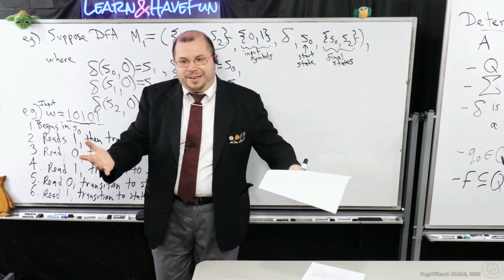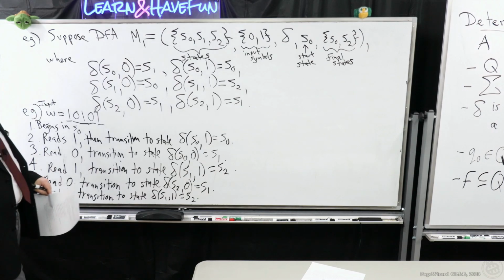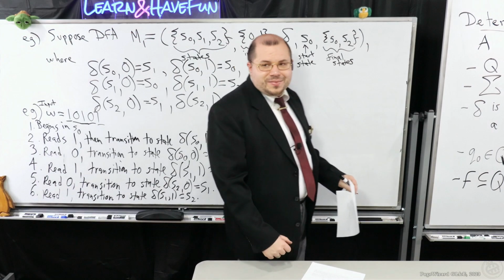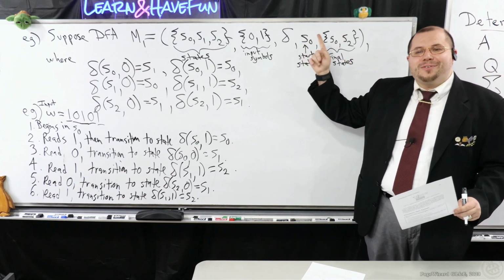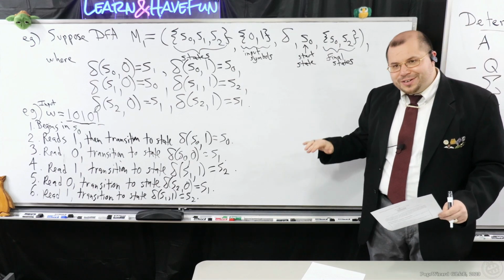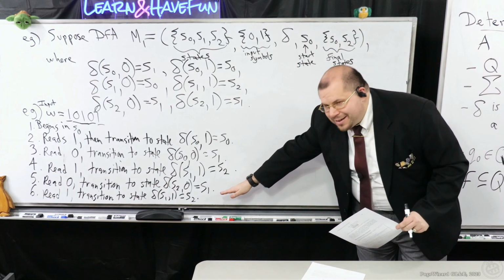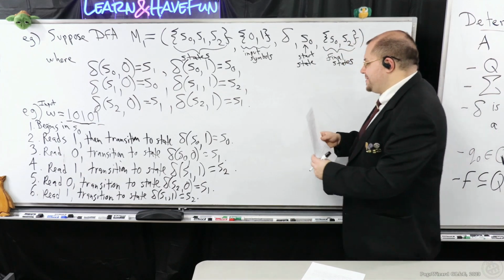Accept or reject. You can only do one or the other. Does it accept or does it reject? So is M1 accepting or rejecting here? Well, most certainly it's in one of the accepting states. Accepts. Very good.